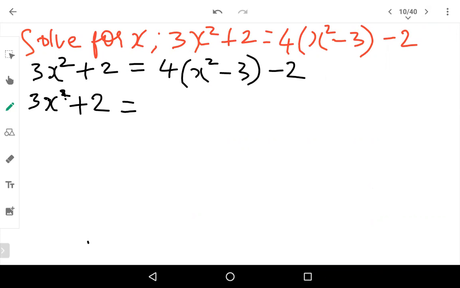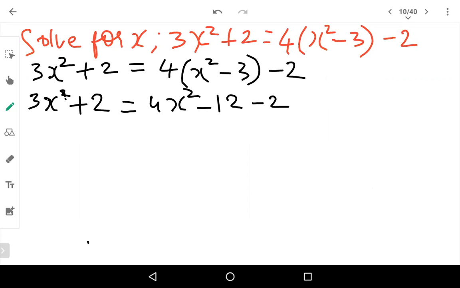Now on the other side, I have 4 into x square minus 3. So 4 into x square is 4x square. 4 into 3 is minus 12 and minus 2 will remain as it is. Now solve this and give me the answer for x. Don't wait for me. Solve this and give me the answer.